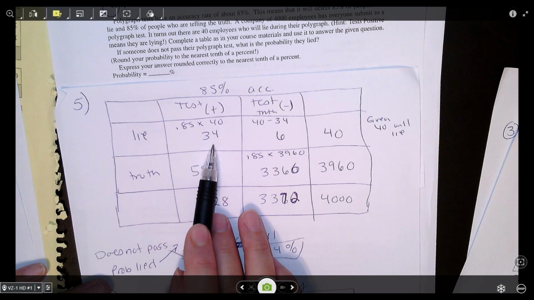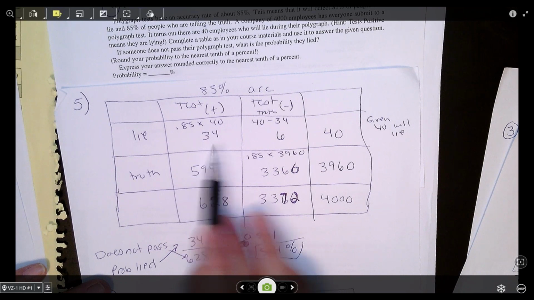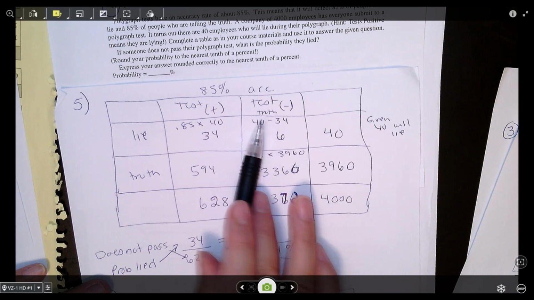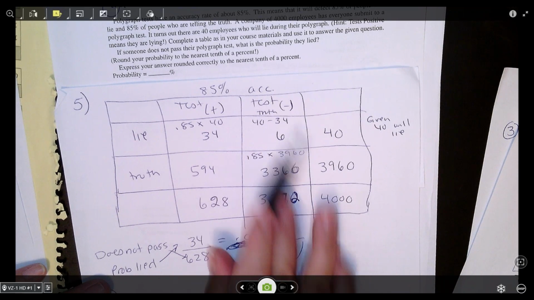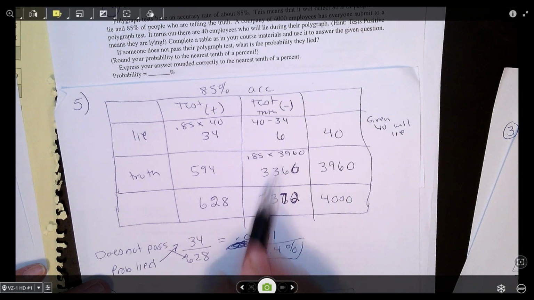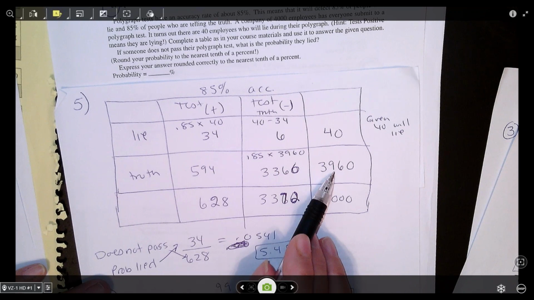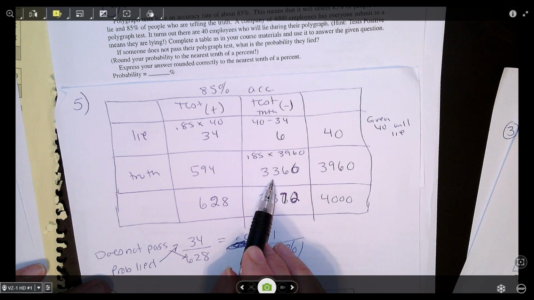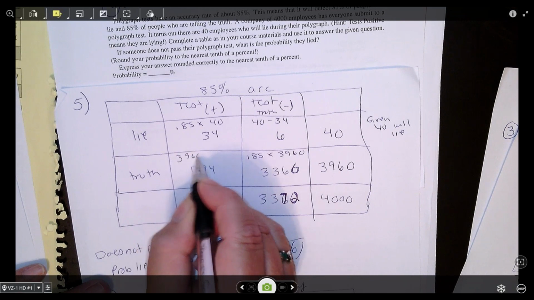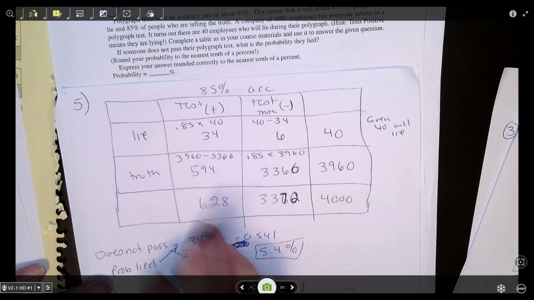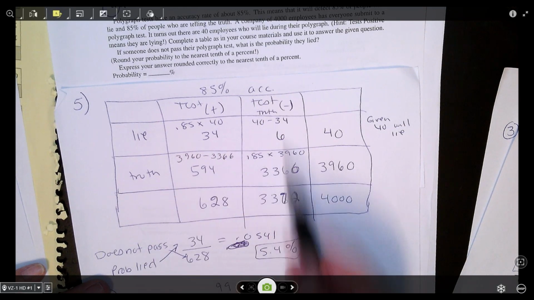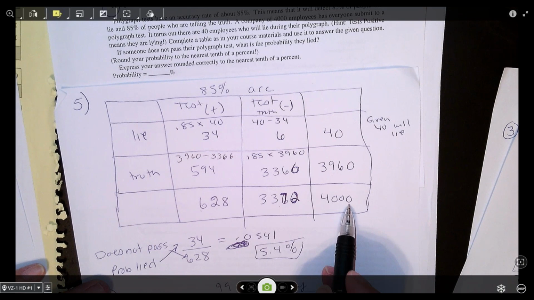So if we lie, you should test positive. 0.85 times 40 gives me the 34. I subtract 40 minus 34 to get the 6. If I don't lie, an accurate test would say a negative result. 0.85 times the 3,960 gave me 3,366. So then I do 3,960 minus the 3,366, and I get 594. I sum the columns, make sure they add up to 4,000.